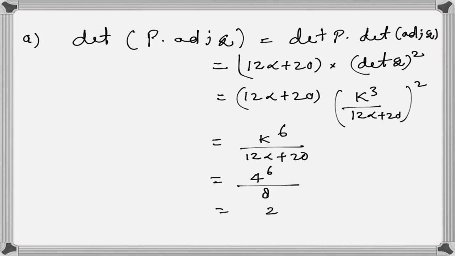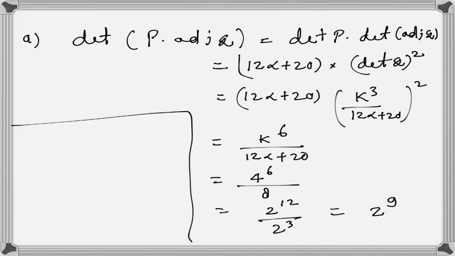So this is 2 to the power 12 divided by 2 to the power 3, which is 2 to the power 9. So the determinant of P times adjoint of Q is 2 to the power 9. This is what we had to prove.